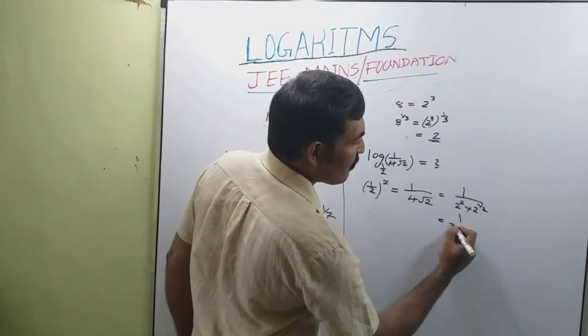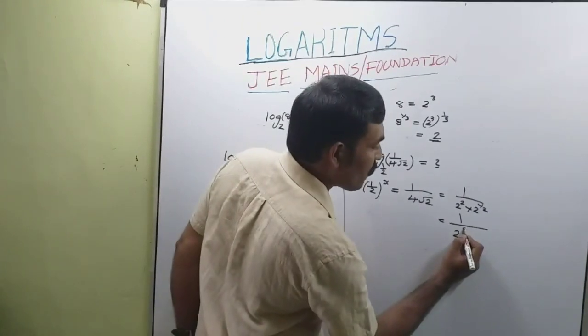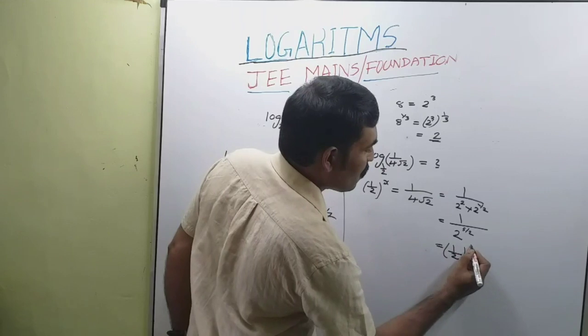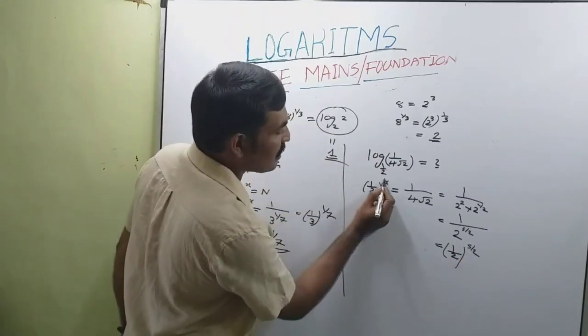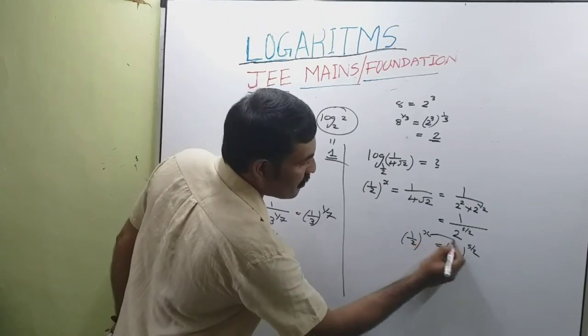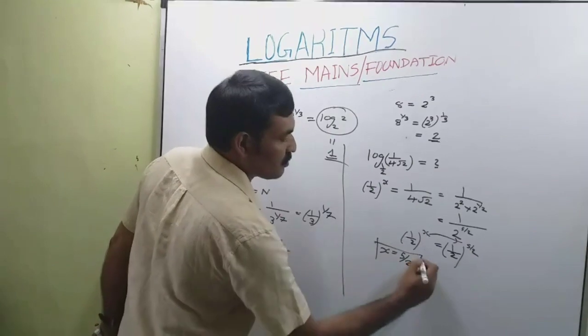So this is equal to 1 divided by 2 raised to 2 plus 1 by 2, that is 5 by 2, or 1 by 2 raised to 5 by 2. Now comparing the powers, the LHS is 1 by 2 raised to x, so x is equal to 5 by 2.